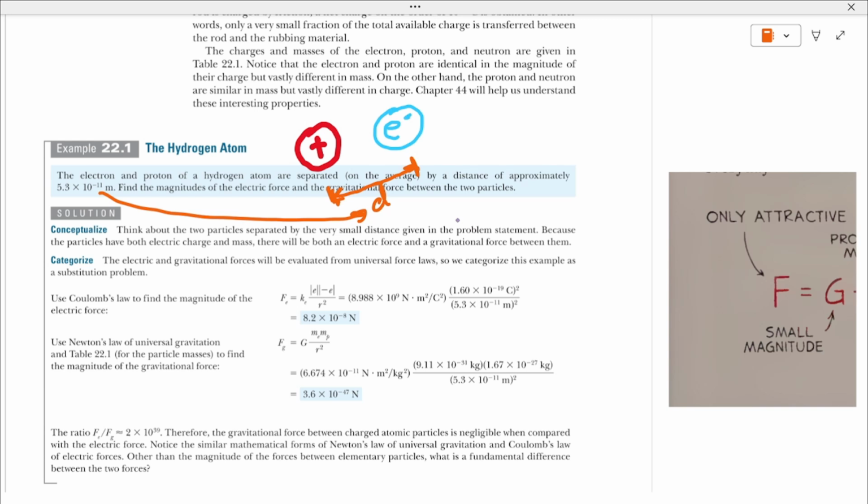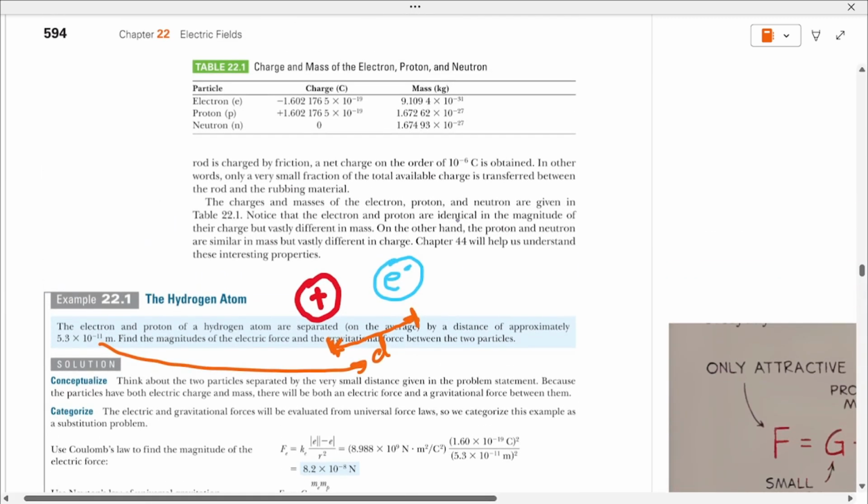And so now we're going to do a side-by-side comparison of the strength of the electrostatic force and the gravitational force in the hydrogen atom. So the hydrogen atom has one proton and one electron, roughly 5.3 times 10 to the minus 11th meters in separation. And we can get the mass and charge of the electron and proton from this table here.